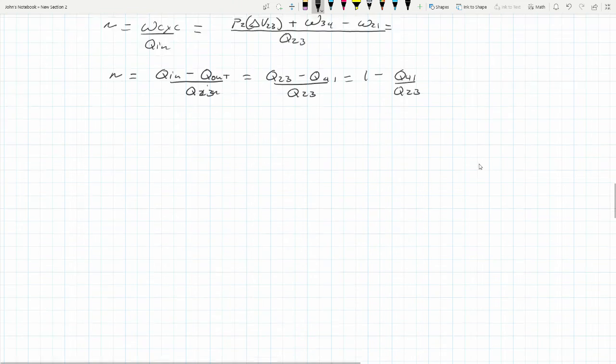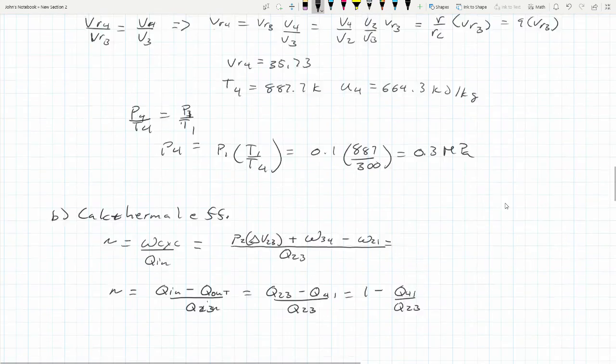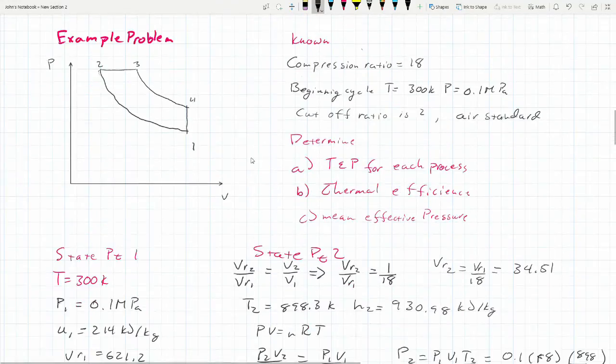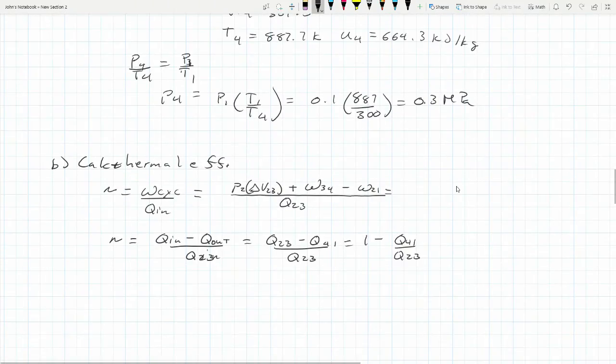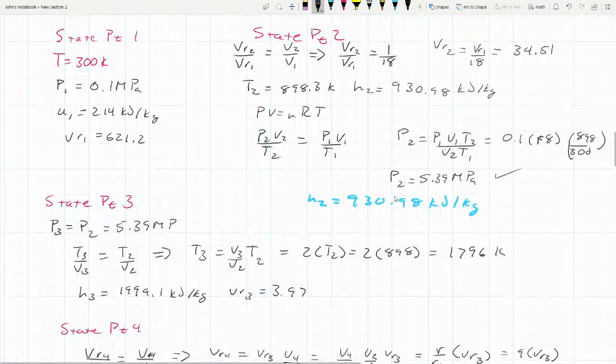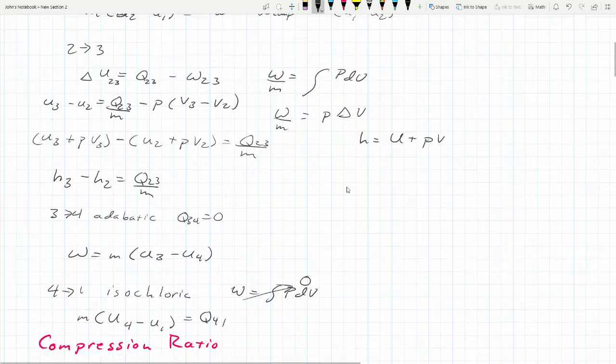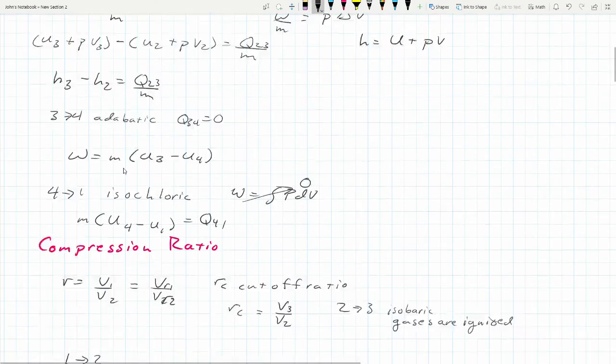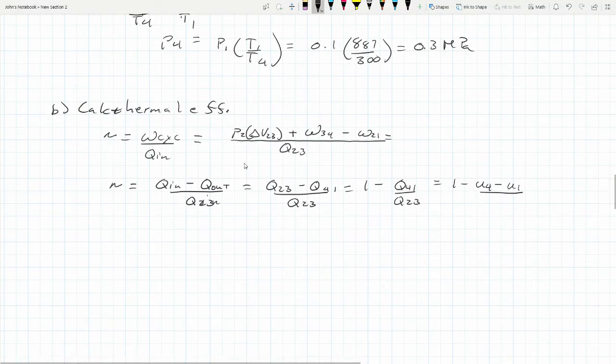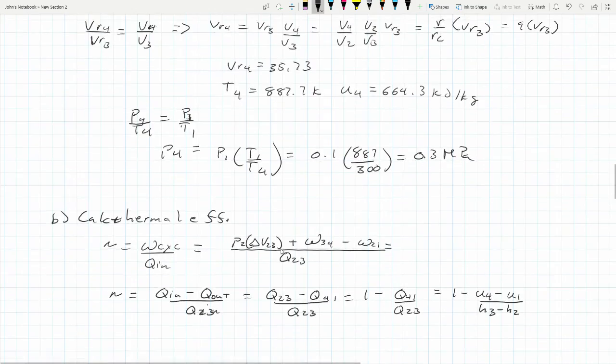Now I can find Q41 really easily, because since it's isochoric, no work's done. So it's just simply going to be equal to 1 minus U4 minus U1 over, again, the heat input Q23, which is the change in enthalpies, H3 minus H2. If I plug in my numbers, I can find the thermal efficiency.